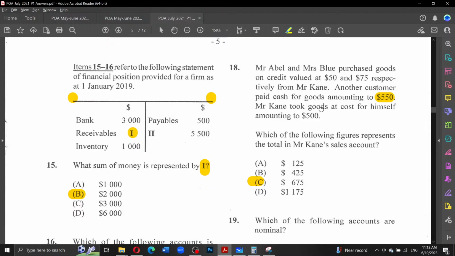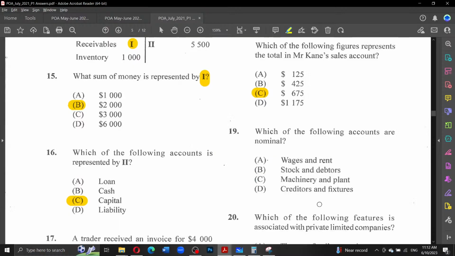Mr. Kane took goods at cost for himself amounting to $500. Which of the following figures represents the total in Mr. Kane's sales account? So these two here are sales. This one here is a sale. And this $500 is drawings, so we're not going to include this. So we have $675. That answer is right here.